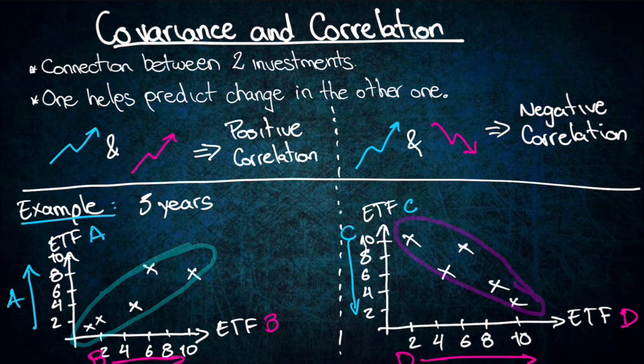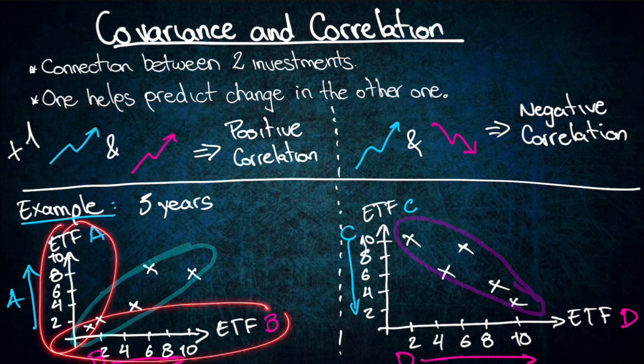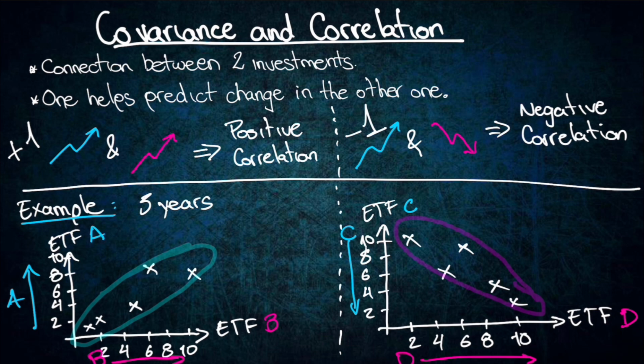If you get numbers around +1, that means that both investments tend to move in the same direction. On the contrary, correlations around -1 will indicate opposite moving directions. If you get correlations around 0, that would mean that there's no significant relationship between those two investments.